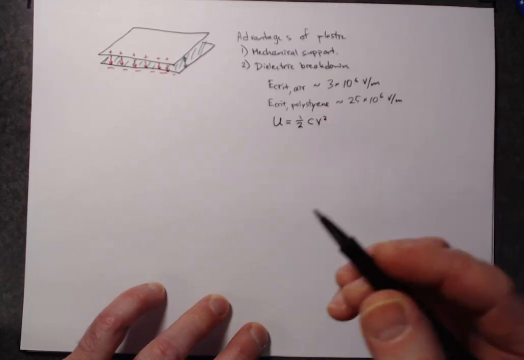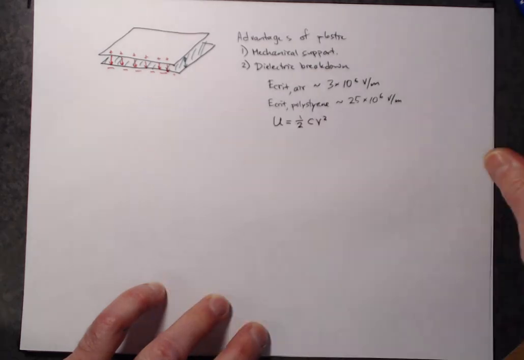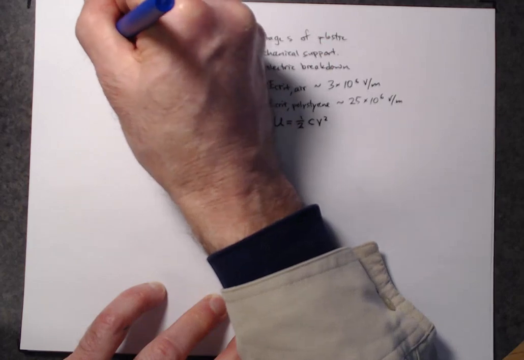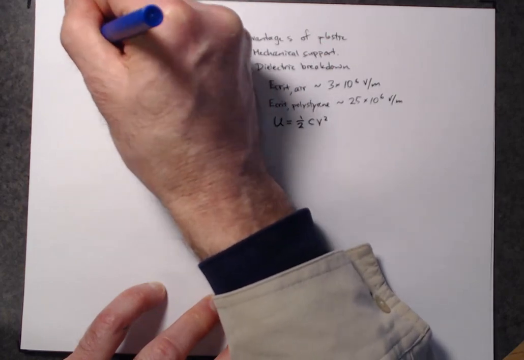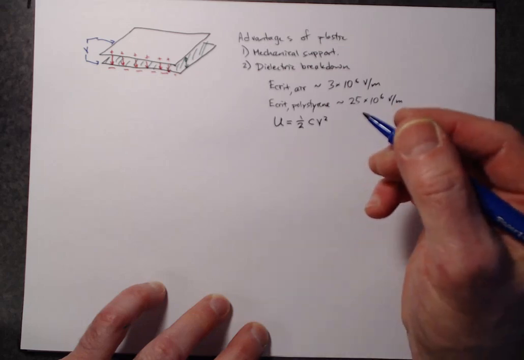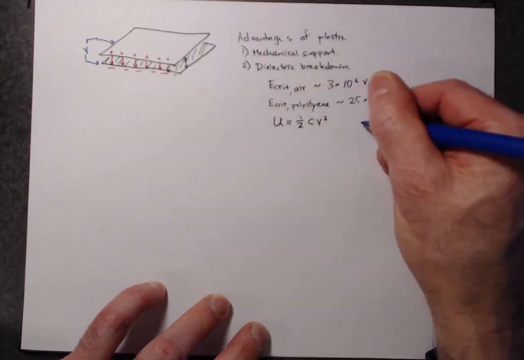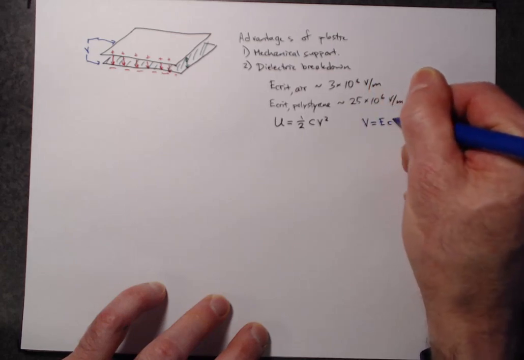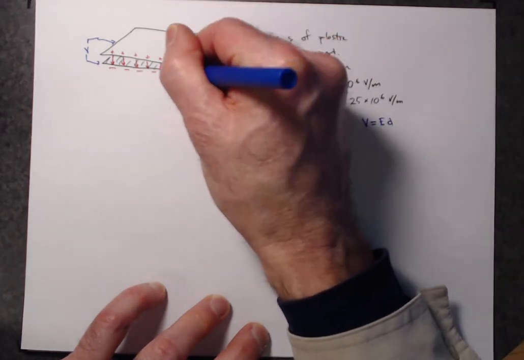Now, as we talked about in the previous lecture, the voltage difference between the top and the bottom plates of the capacitor, for a parallel plate capacitor, is related to the electric field in a very simple way: the voltage is simply the electric field times the distance between the plates.